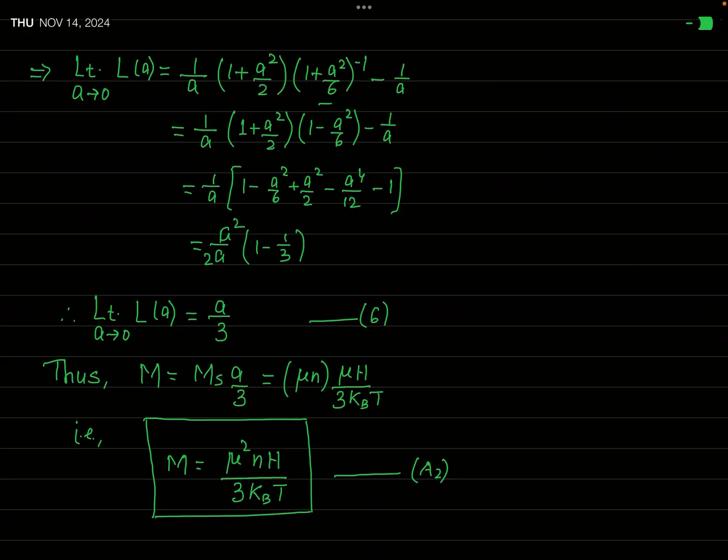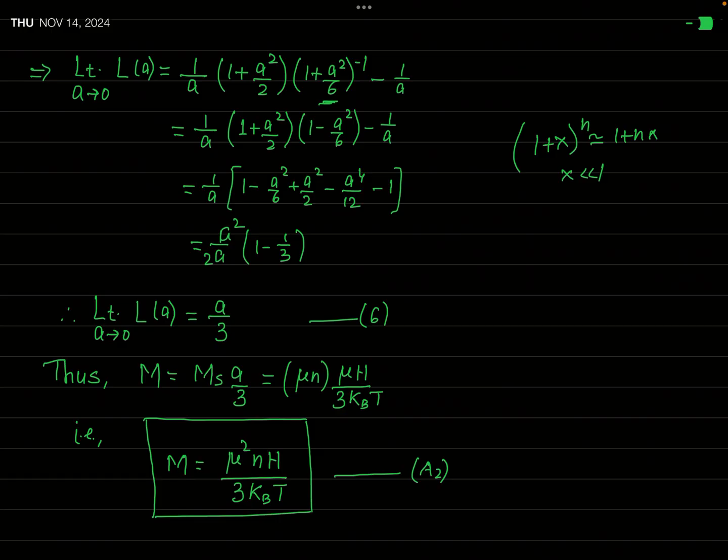Now A is very small, and you know by binomial expansion that 1 plus x to the power n is almost equal to 1 plus nx if x is much smaller than 1. Here A square is very small, it tends to 0.